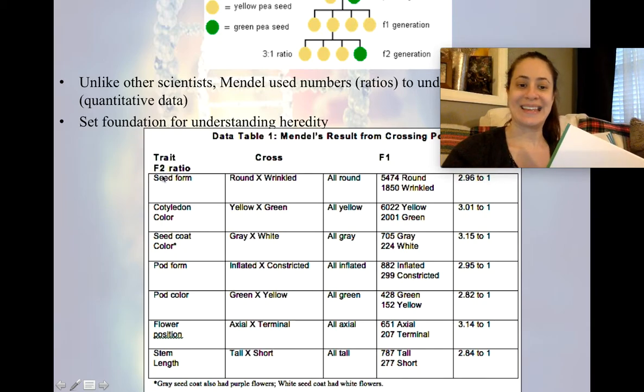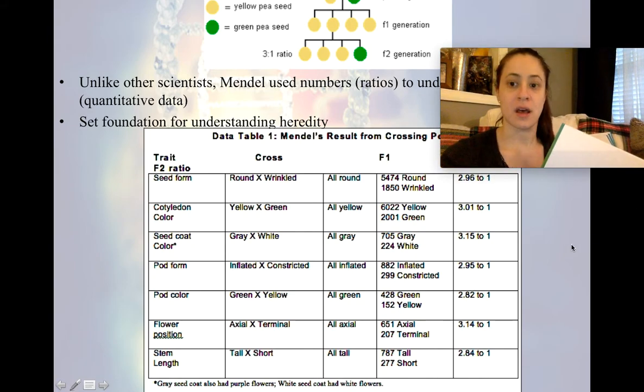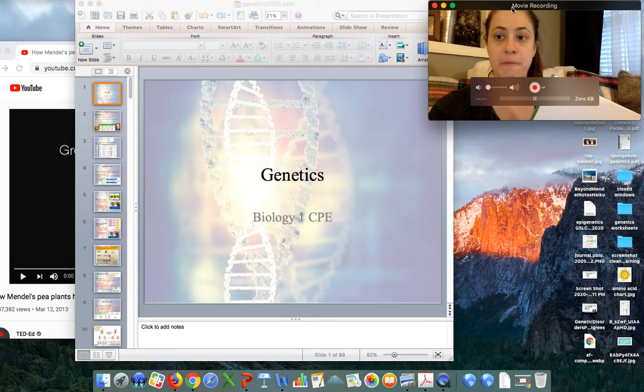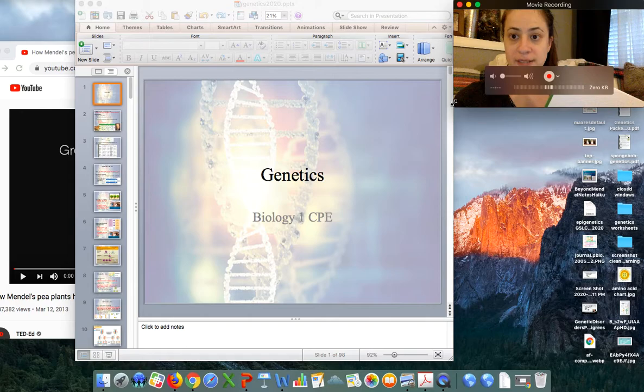You see this term F2. You see this F1. What does that mean? After I show you the TED-Ed video, I think it'll make a little bit more sense. You guys will be seeing this TED-Ed video, and you'll be seeing some of these terms in that video.